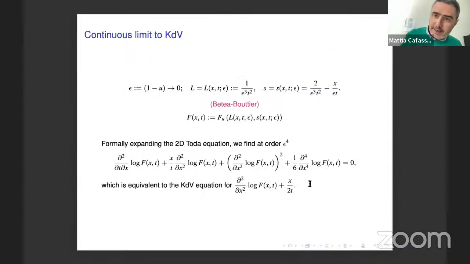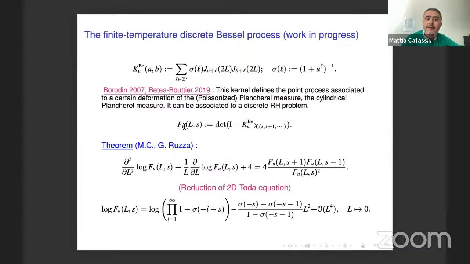And yes, another interesting thing is that the reason why this discrete Bessel process has been studied by Dan Betea and Jérémie Bouttier is that in a certain limit that now I will describe, this function F_U(L,S) converges to the distribution that we were studying before, these Q, which were deformations of the Tracy-Widom distribution.